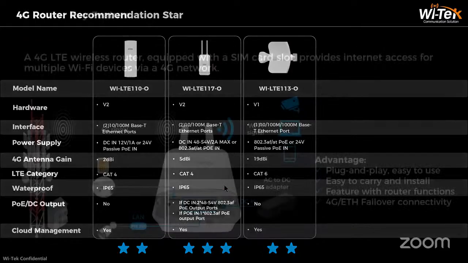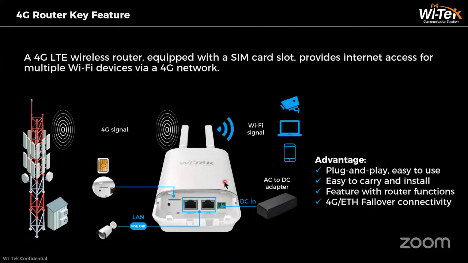And next are the 4G router key features. The first key feature is the insert for 4G SIM card slot. You can use the 4G SIM card to access the 4G signal from the 4G cell tower.